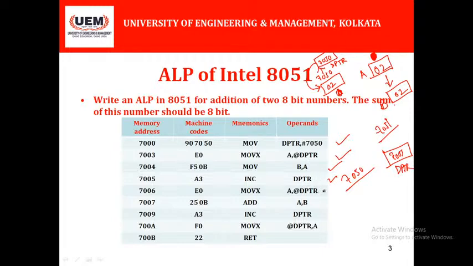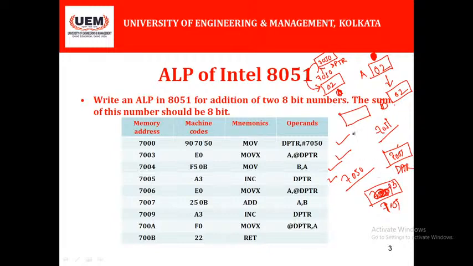MOVX A, @DPTR, so we are transmitting the value at that DPTR location to the A register. Let's say the value at 7051, that location, this is the value of DPTR, is suppose 03.